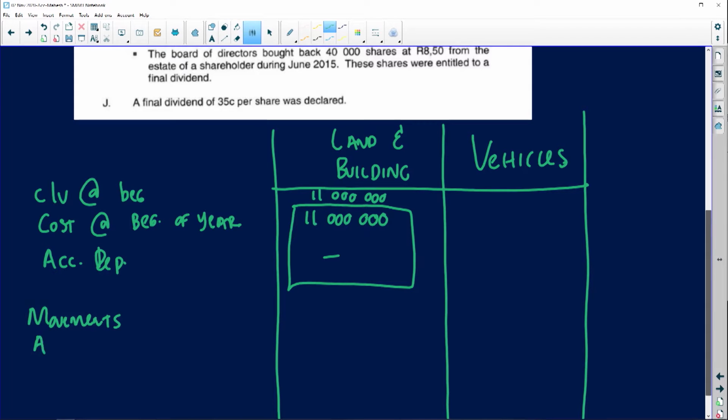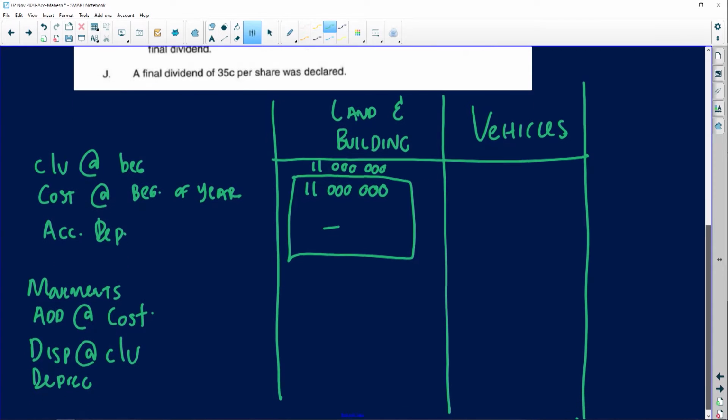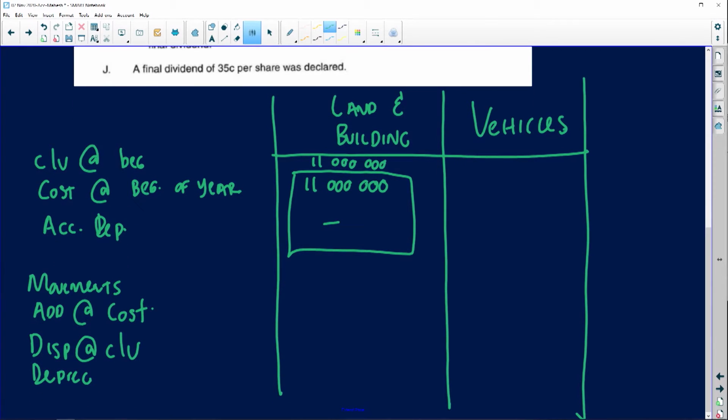So remember, under movements, additions at cost, we could have had a disposal at carrying value, and obviously depreciation. Now looking at the information given, there's obviously no disposals for land and buildings, nor is there any depreciation.